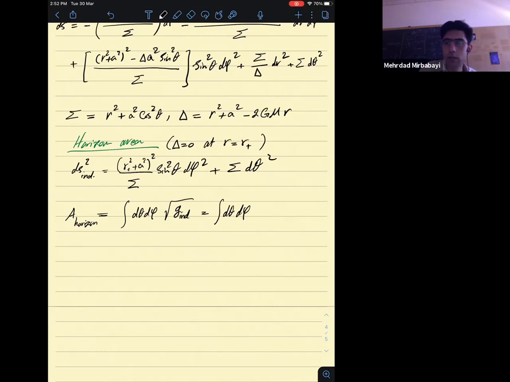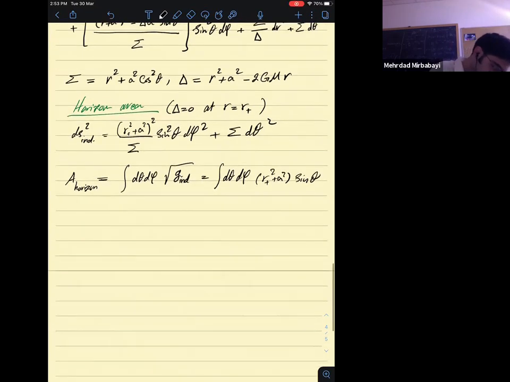So theta from 0 to pi, phi from 0 to 2 pi. The determinant of the induced metric will be just r plus squared plus a squared times sine theta. So this gives me 4 pi, the usual 4 pi, times r plus squared plus a squared.